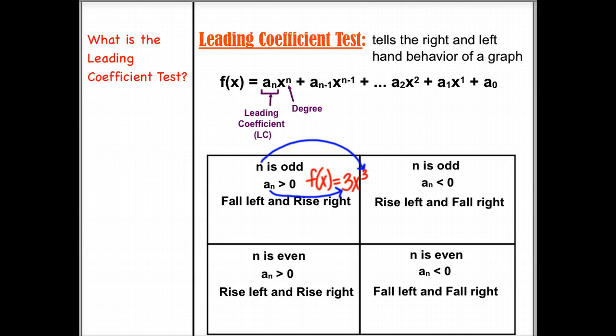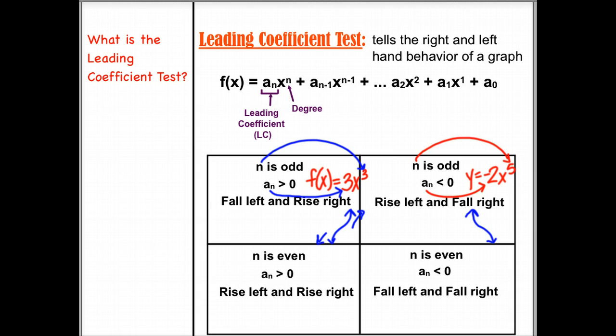In other words, this is going to be where it looks like this. And this is falling this direction, rising this direction. Now at the same time, if n is odd but a sub n is less than 0, so say you have y equals negative 2x to the 5th, where n is odd and a sub n is negative or less than 0, then it is going to rise to the left and fall to the right.